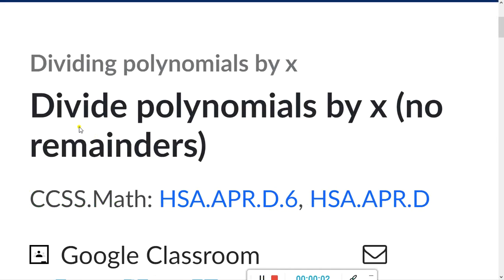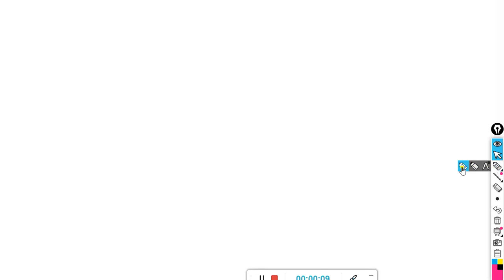This will be for the assignment, divide polynomials by x, no remainders. So one thing you want to remember for this assignment: if you have the same numbers or the same variables, and they are each raised to an exponent, let's say this x is raised to the power of a, and this x is raised to the power of b.